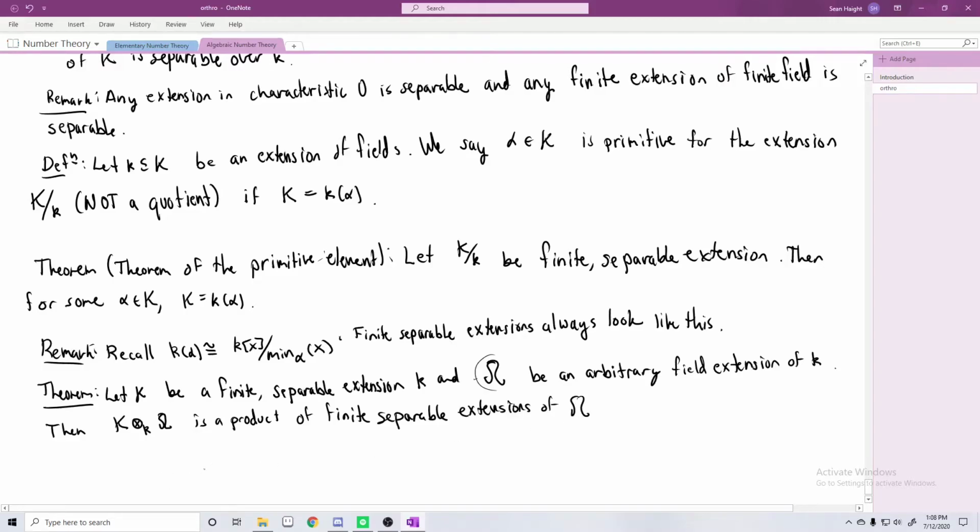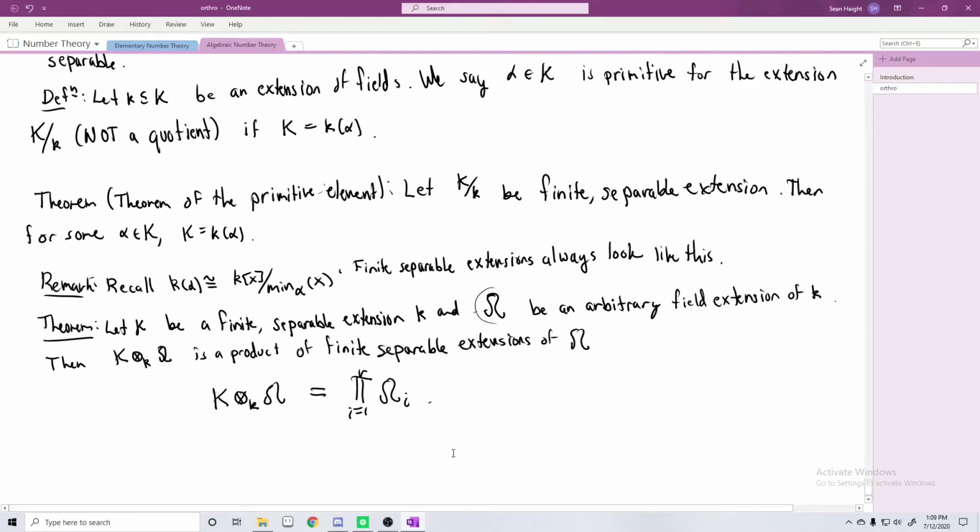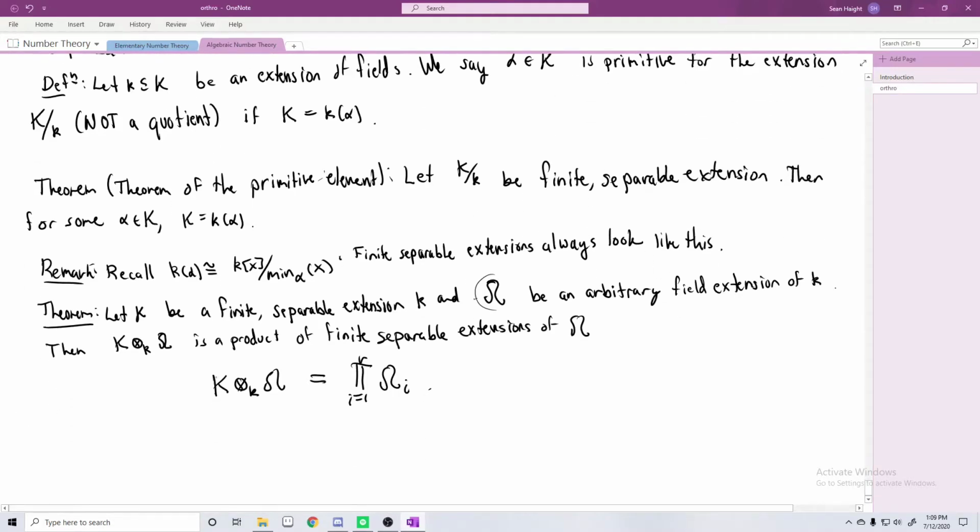And it looks like this. K tensor over little k with omega equals the product from i equals 1 to r of omega sub i. Okay. And we'll see in the proof that, yeah, I guess maybe the statement even continues. I can say a little bit more about these factors omega sub i and their relationship to K.